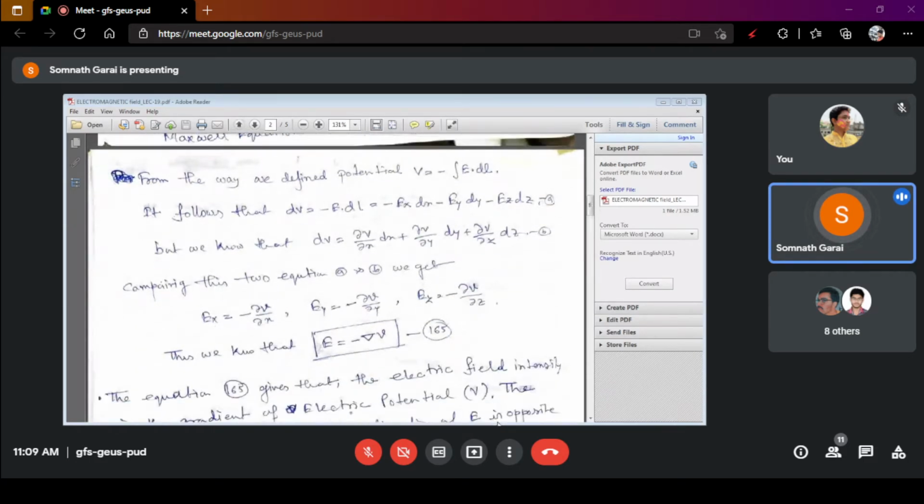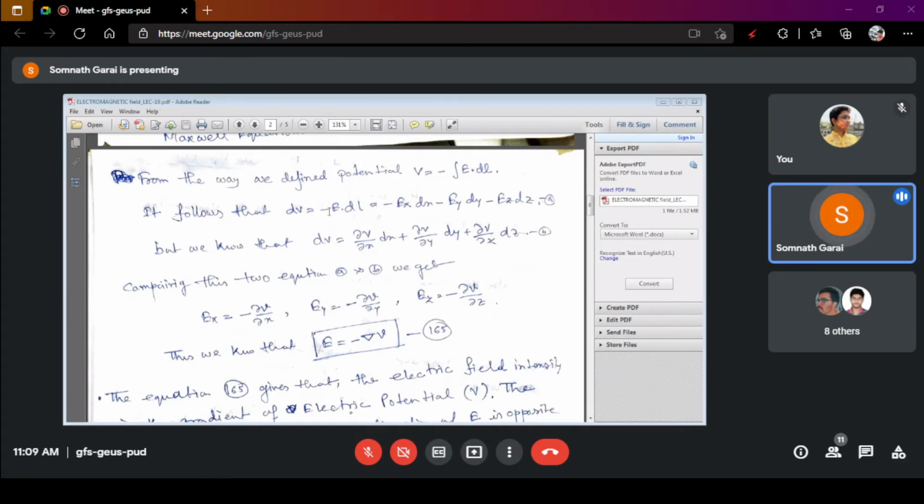Now, we know that in the last class, the potential at any point in integral form is represented as V equals minus integral of E dot dl.